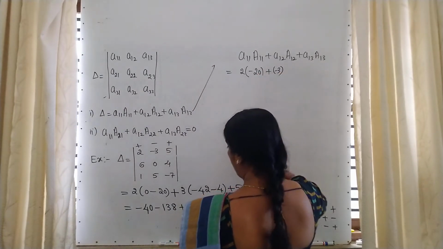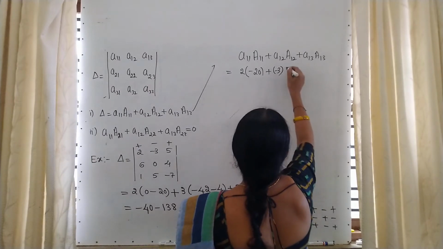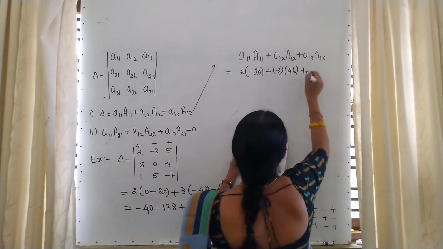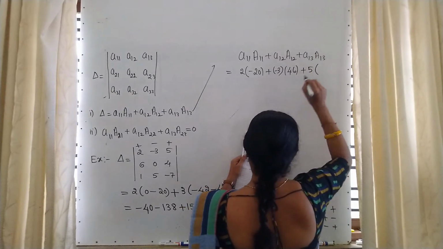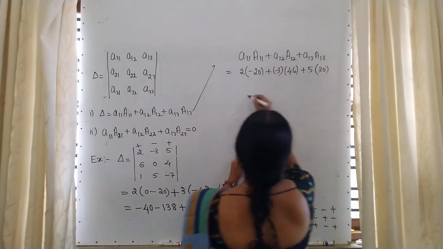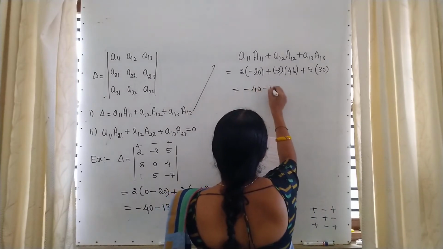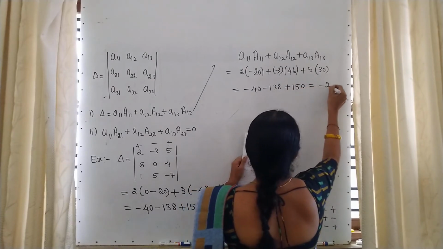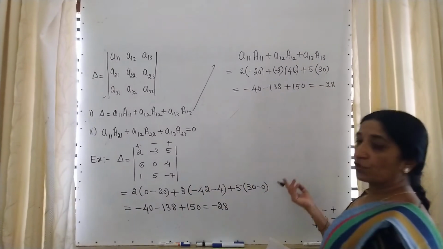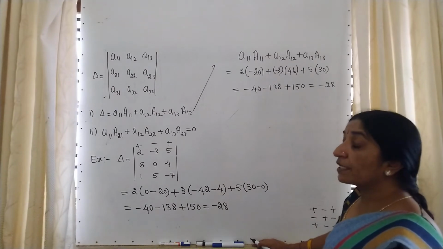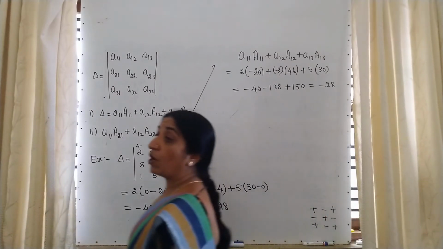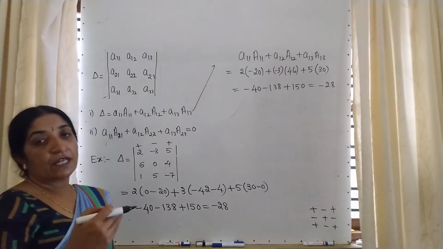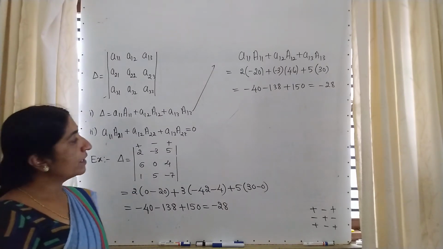Minus 3. Then the calculated value is 46. Then A13 is 5 and A13 is 30. Simplify this. This is minus 40 minus 138 plus 150. So is it minus 28 or what? Yes, of course it is minus 28. That means if elements of any row or column are multiplied with its corresponding cofactor, the answer is nothing but the value of the determinant.